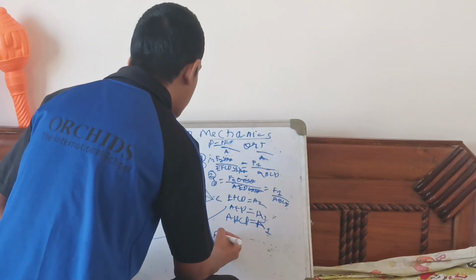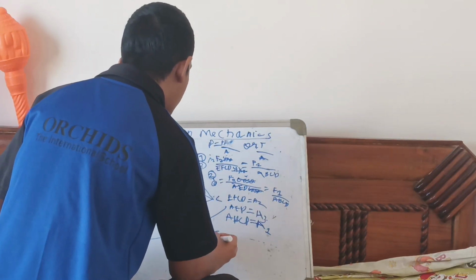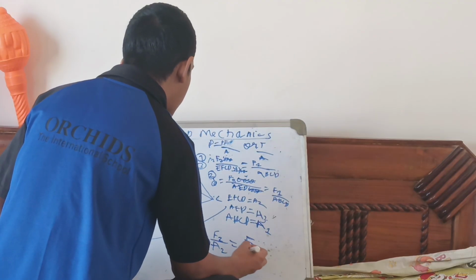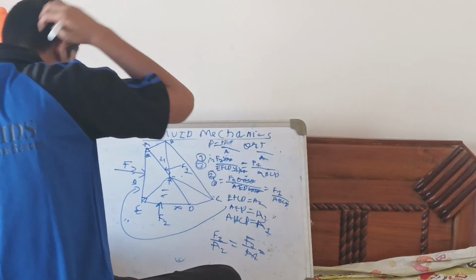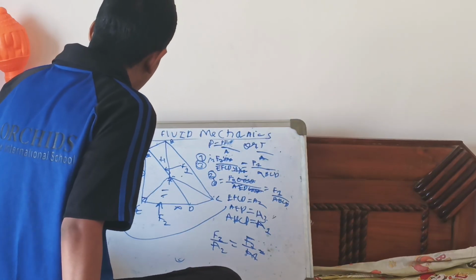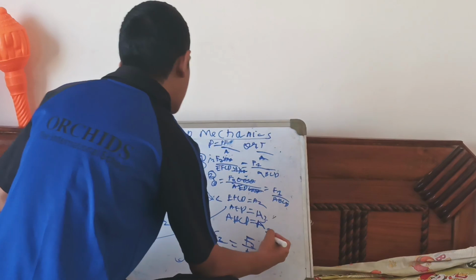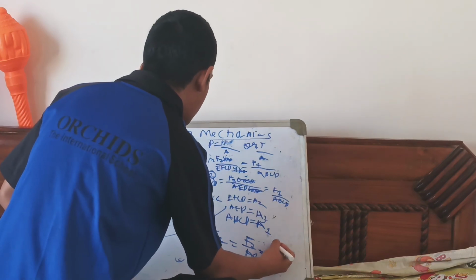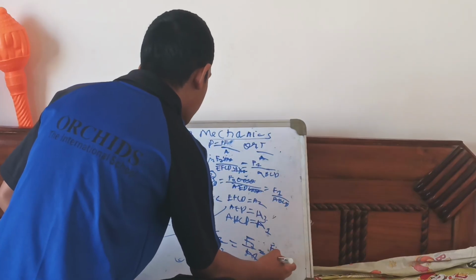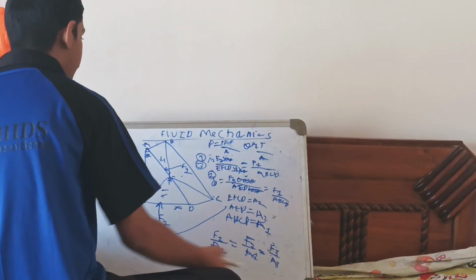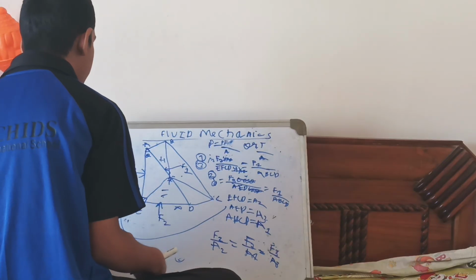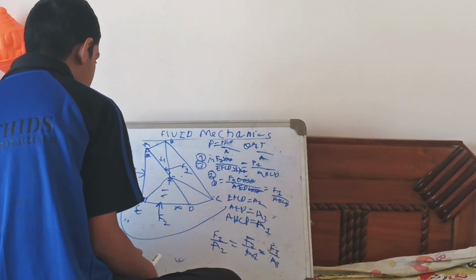From this one we can write F2 by A2 equal to F1 by A1, and this is equal to F3 by A3. Done, hence proof.